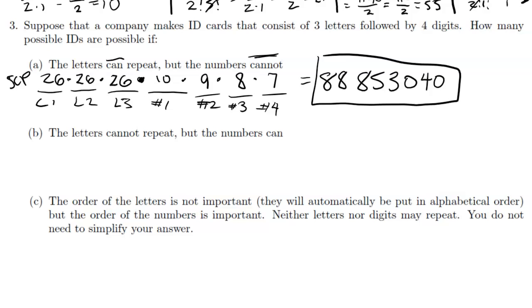So then part B, now it says the letters cannot repeat and the numbers can. So not a whole lot different, but we're going to have some tweaks. We still have letter 1, letter 2, letter 3, and then number 1, number 2, number 3, number 4. Let's just erase it and I'll draw it again.